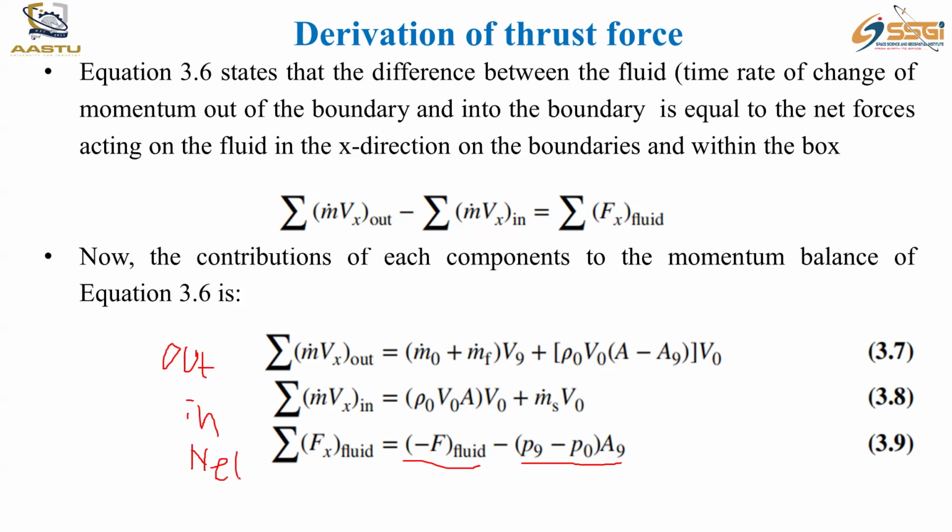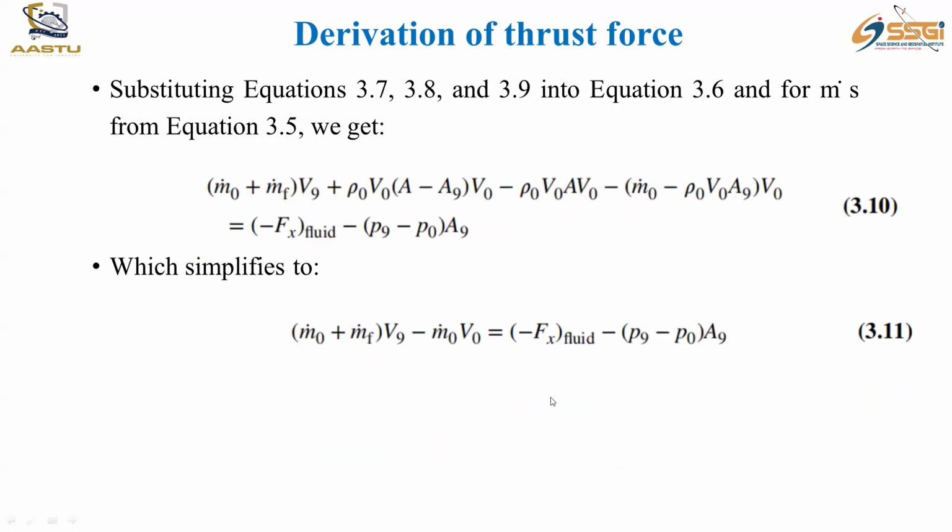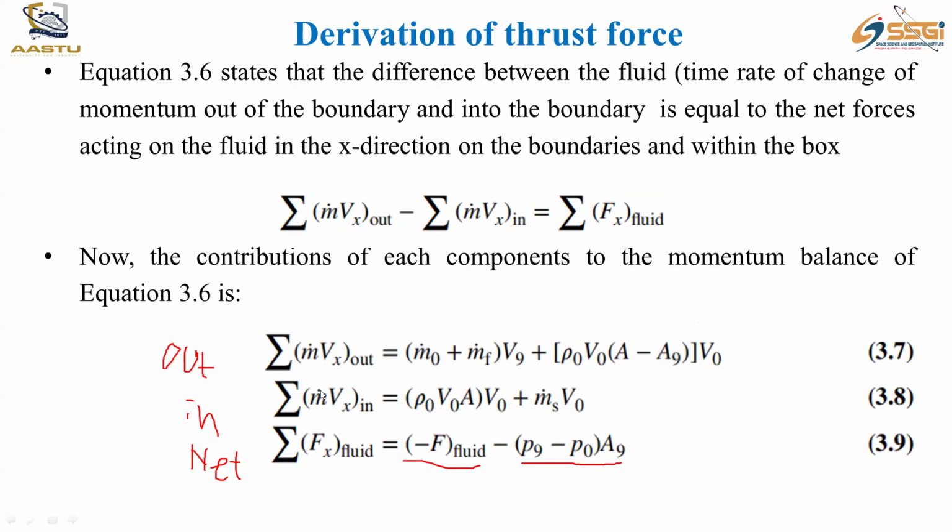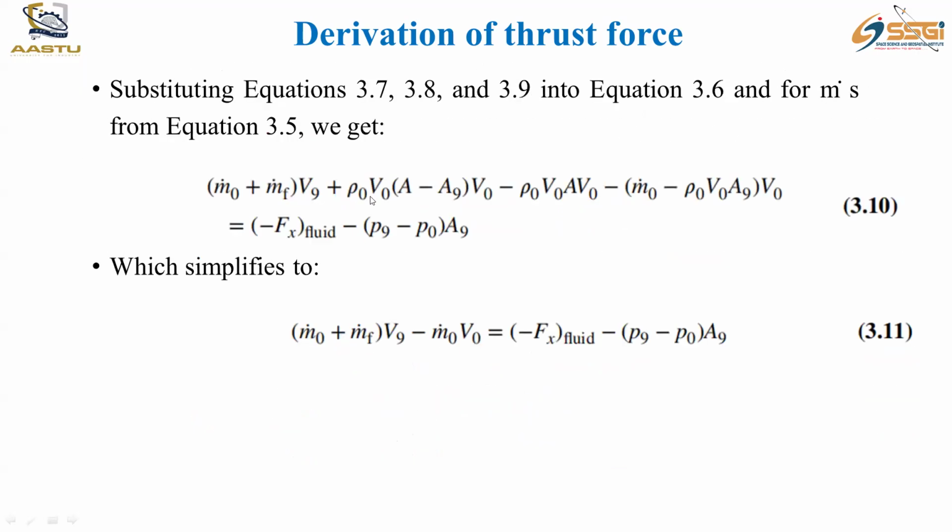Okay, so these equations provide us an appropriate derivation. So when we apply all these three equations to this condition, the F net is equal to F out minus F in. That gives us this equation.